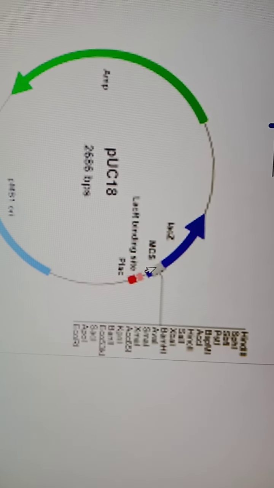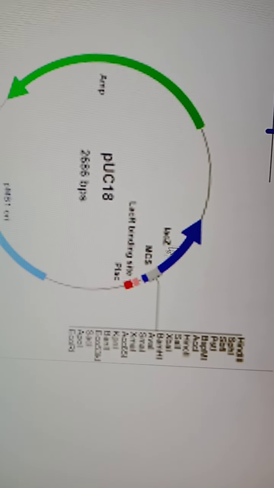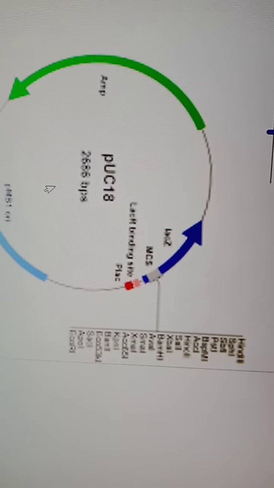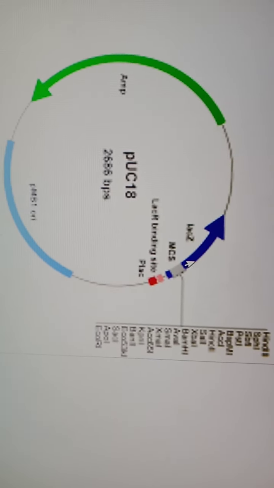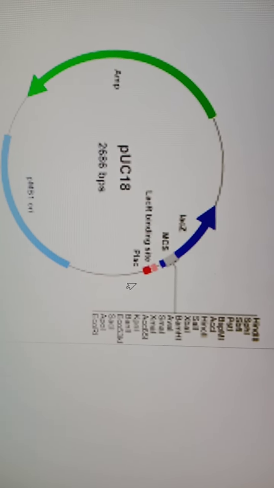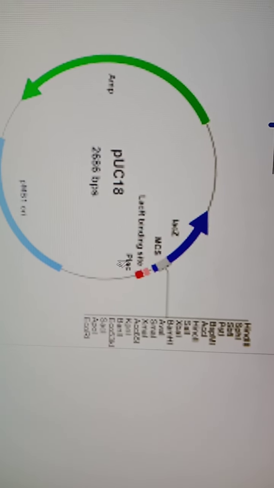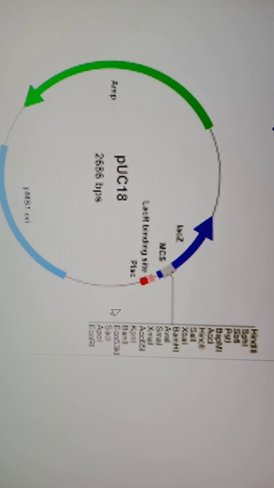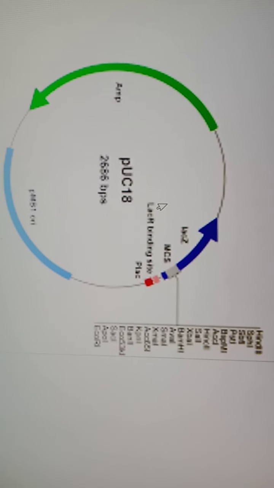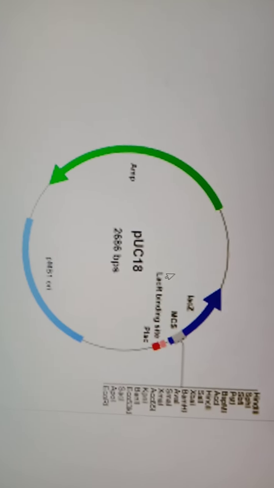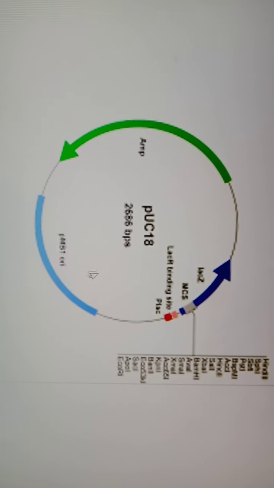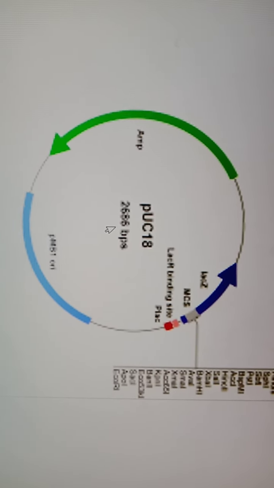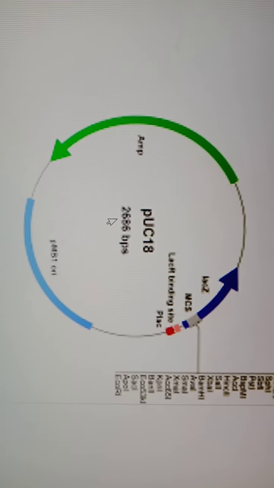In addition to this, the plasmid has the lacZ gene. In pUC18, the selectable marker is the lacZ gene. Because it's an expression vector, it has the promoter as well as the binding site. We will study expression vectors later, but remember to write the vector map of pUC18 and its size, 2.686 kilo base pair.